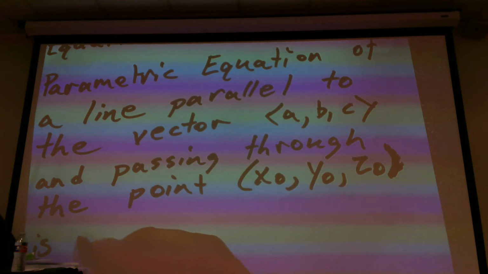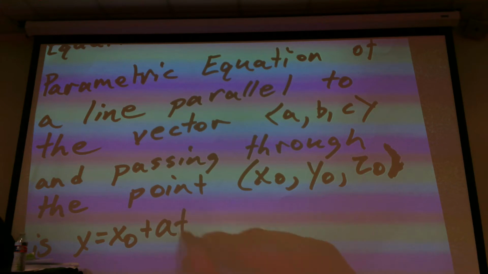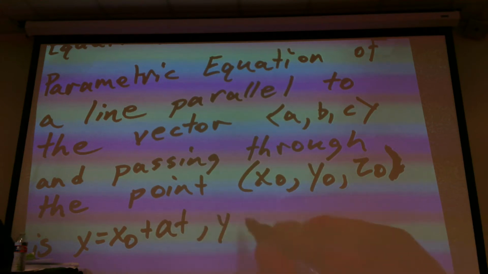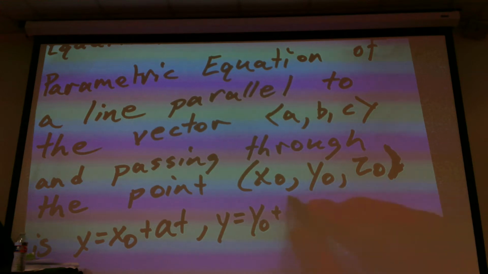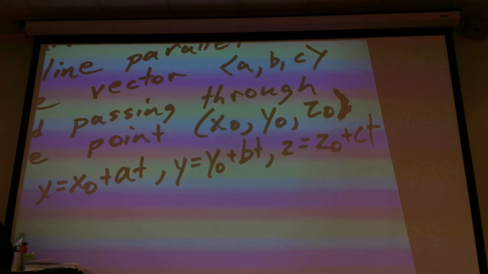Okay, so we're going to have x, which equals x naught plus at, y, which is going to equal y naught plus dt, and z, which is going to equal z naught plus ct. Okay. So these are the parametric equations for a line in space.